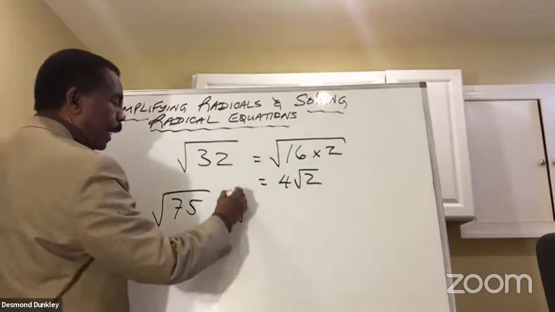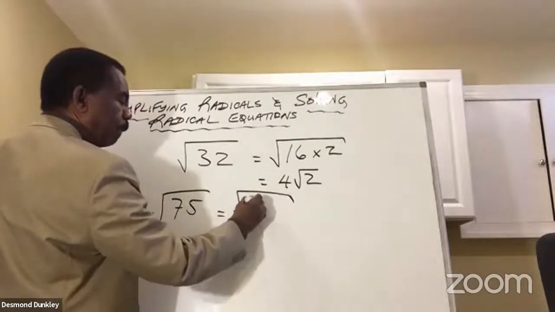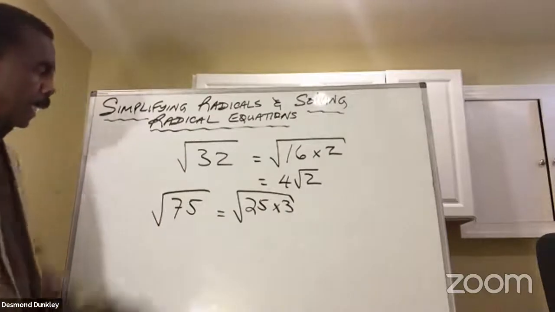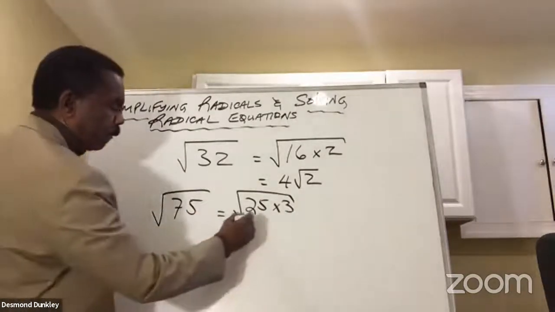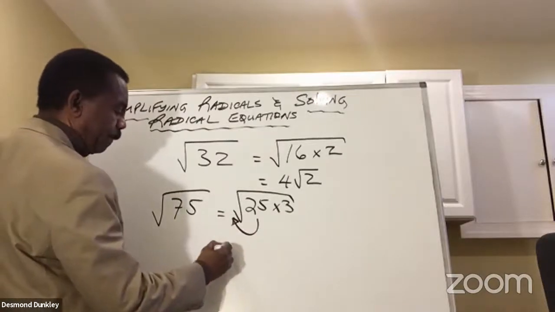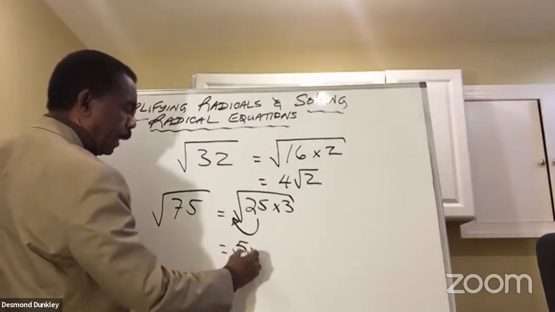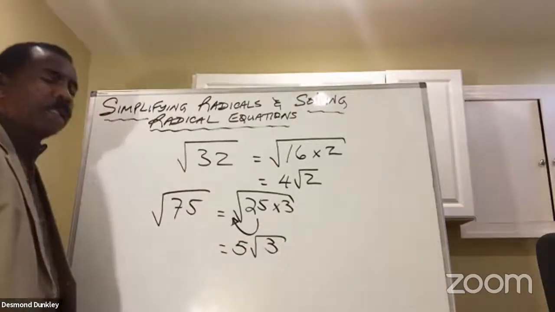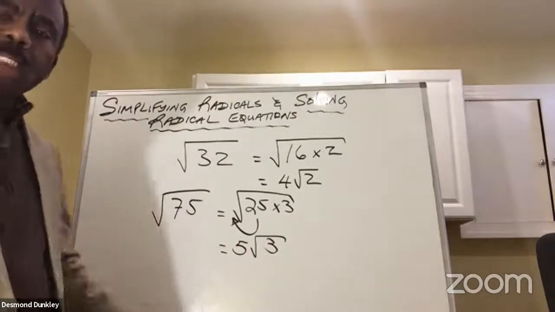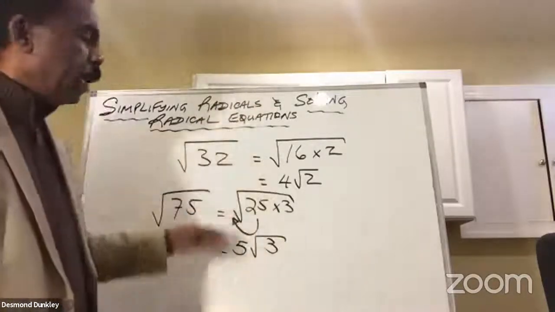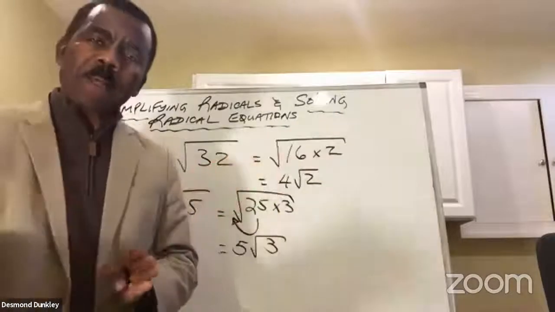So therefore, we write the square root of 25 times 3. And as we look at this, you know the square root of 25 is 5, and 3 remains in the radical. So the square root of 75 is 5 root 3. So that's one method, thinking of a perfect square times a number.